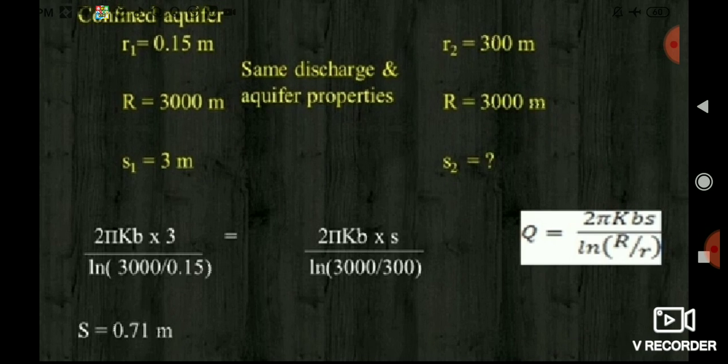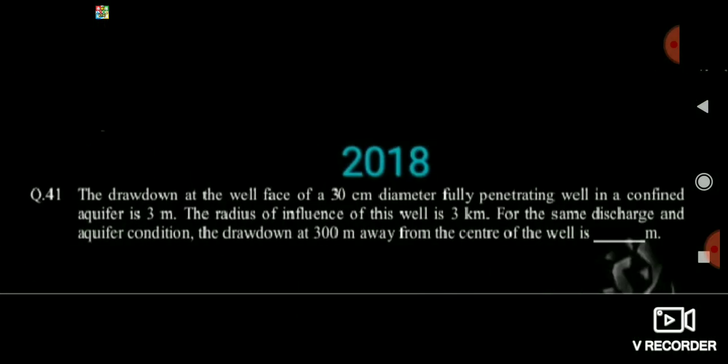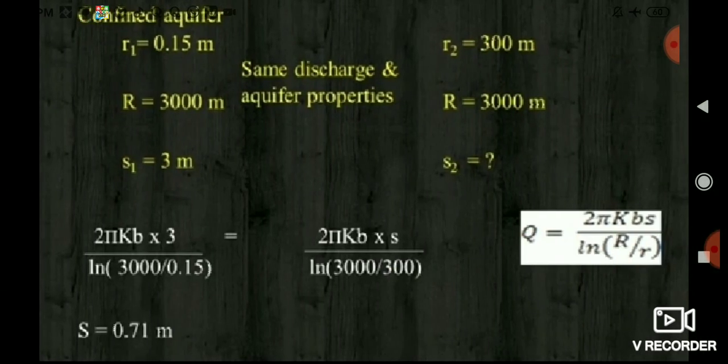So friends, you can simply put the formula, that is 2 pi kb into S1 minus 0 is equal to 2 pi kb S2 minus 0 divided by ln of whatever your value is coming. In this case the S1 value is given, that is 3 meter, and it is asking about the S2 value. So you can calculate and get the S2 value, that is 0.71. I have not written S2, I have written simply S, but you think that this is the S2 value.